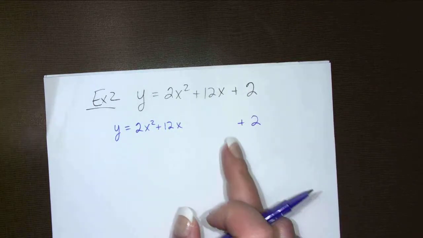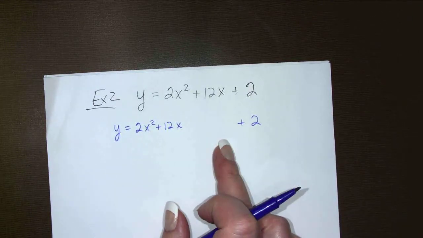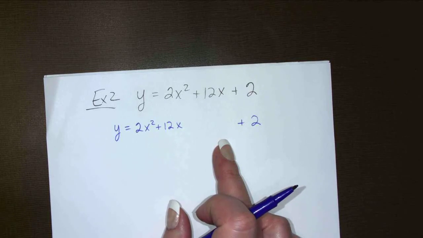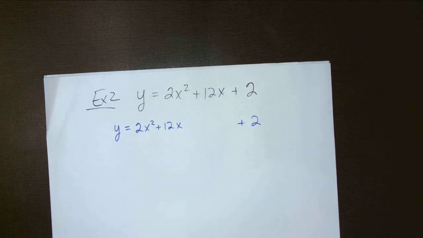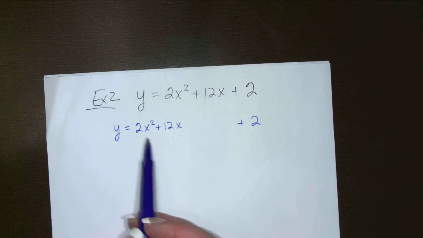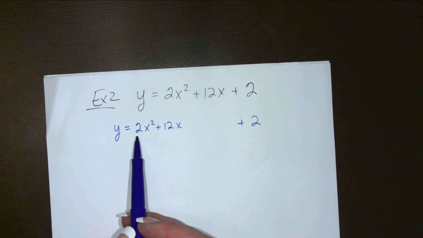And that space is to add and subtract a number, right? We just need to figure out what number that is. Now, here's the difference. This one has a 2 in front of the x squared. The coefficient of the x squared is 2. For this process to work, you can't have a coefficient other than 1 in front of the x squared.